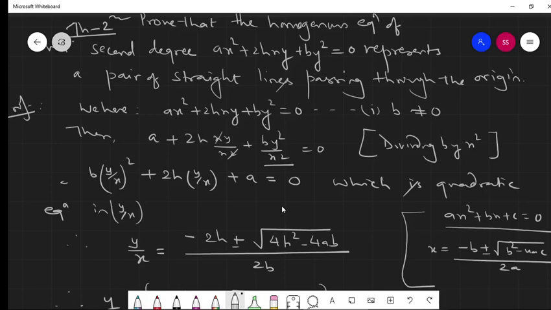If b equal to 0, from equation first, what will you obtain? ax square plus 2hxy equal to 0. Then x is common, so x times (ax plus 2hy) equal 0.